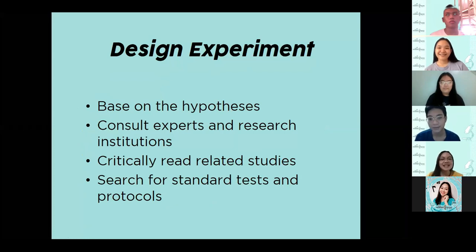Alright, so for the design experiment, syempre, yung gagawin yung planning sa pag-experiment nyo, dapat based siya dun sa hypothesis nyo kasi hindi siya magiging reliable, hindi kayo paniniwalaan ng panel kung out of nowhere, hindi nila makita dun sa hypothesis mo yung ginawa yung process, di ba? Pangalawa, consult experts and research institutions.